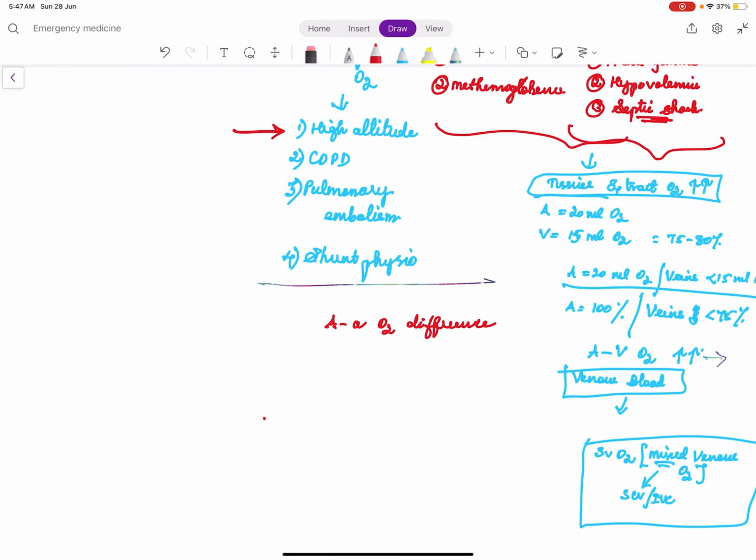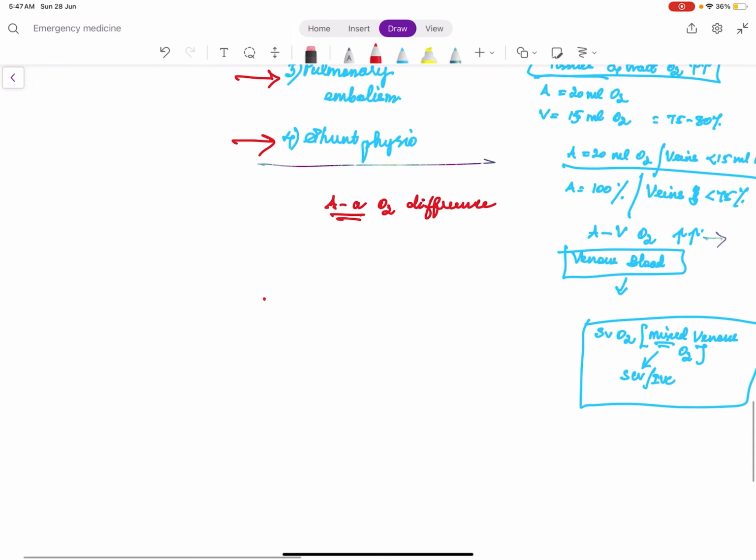One is high altitude, next is COPD, third is pulmonary embolism, which is a perfusion mismatch. Ventilation is normal, perfusion is abnormal. Next is shunt physiology, where perfusion is normal but ventilation is abnormal. So ventilation of alveoli is abnormal, so blood is not getting oxygenated. The deoxygenated blood directly mixes from the artery to the vein. So only this A-a oxygen difference can help to differentiate.